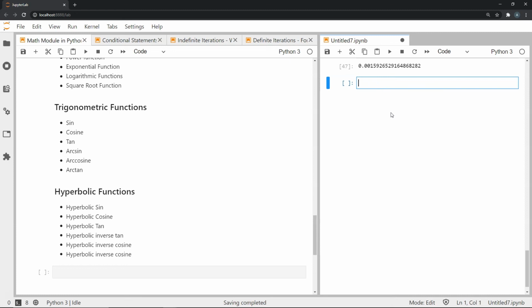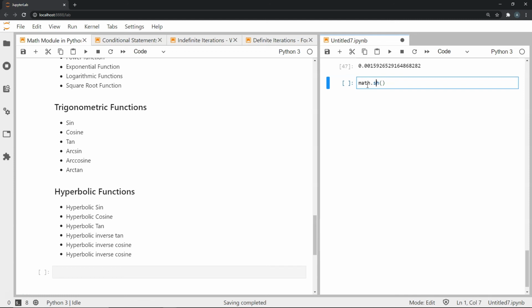The next set would be hyperbolic functions. Hyperbolic functions are basically the sine, cosine and tan calculated not on circles but on hyperbolas. Again, you don't have to know the details. You just should know that if you wanted to, for example, find the hyperbolic sine of an angle, we would use math.sinh, and we would pass what we want in between this.